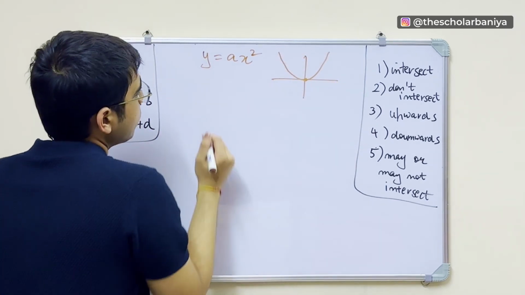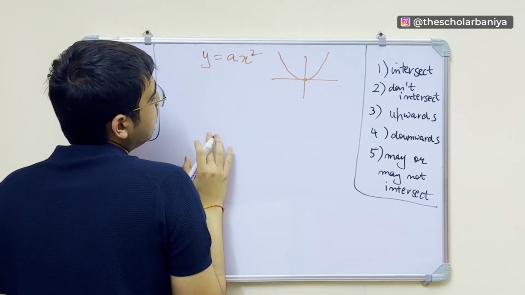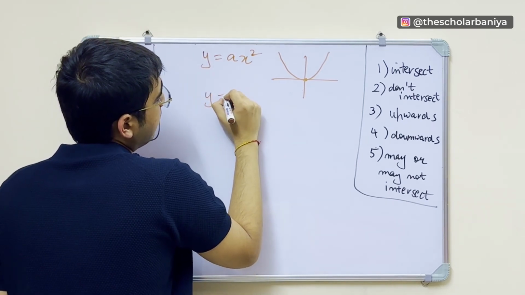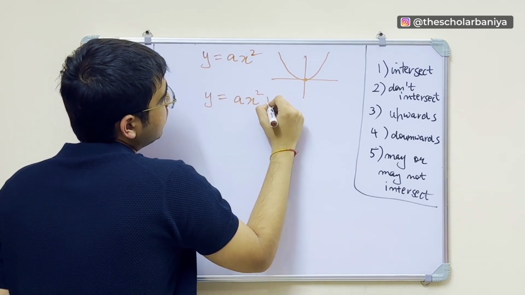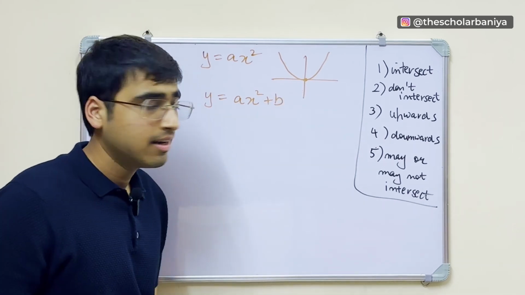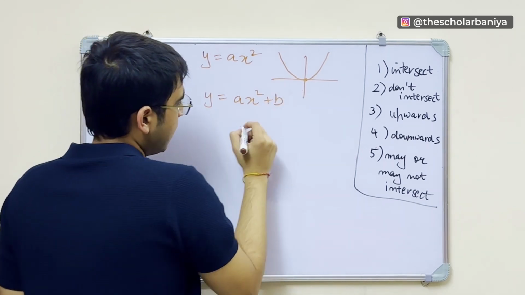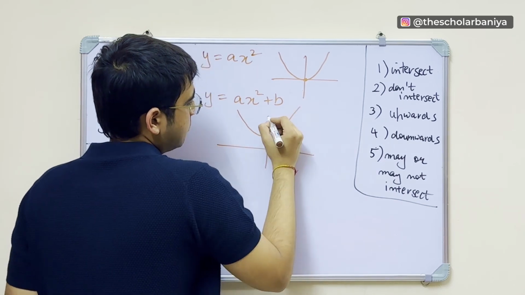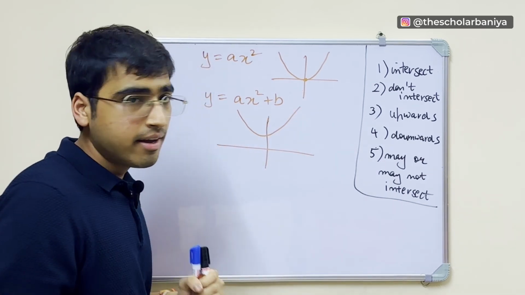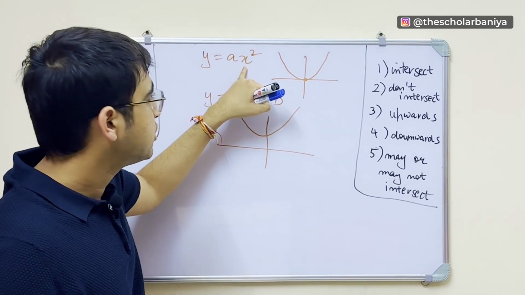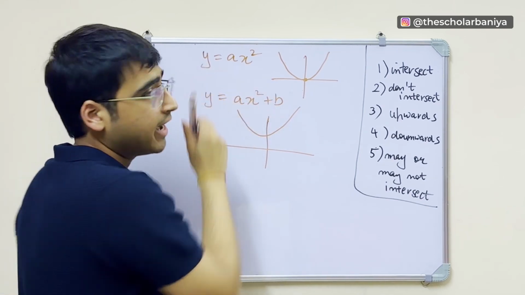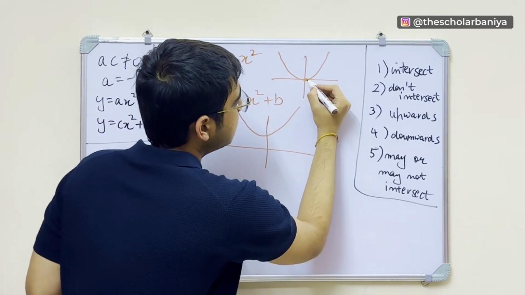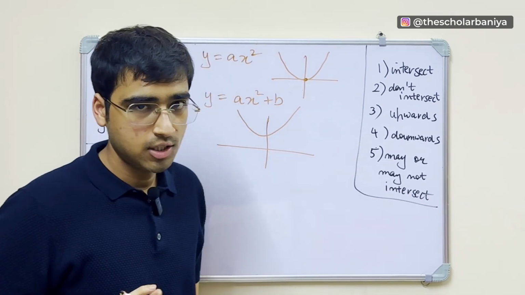Now, for example, if we have an equation like y equals ax square plus b, this means the parabola will look something like this. Why? Because if we put x equals 0 in the first case, then y equals 0. That means this is one possible point, 0 comma 0.